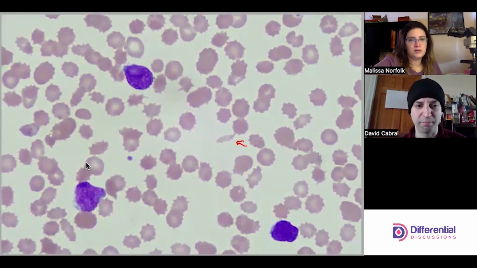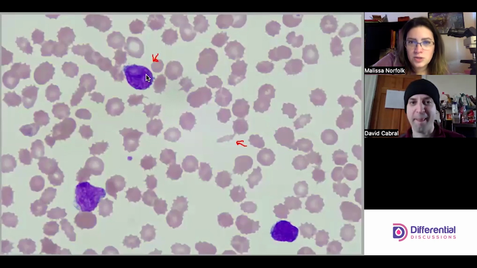This one. Yep. And I kind of want to talk about this one. This one's the star of the slide. Like the abnormality that's going on in the top of that cell there. What the heck? Yeah. And this one's great because there's 1, 2, 3 nucleoli right there. Yep.